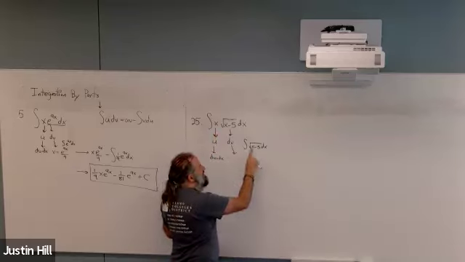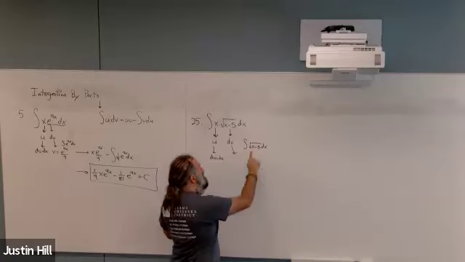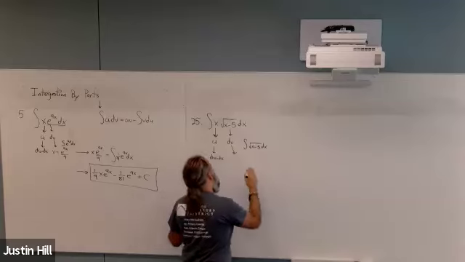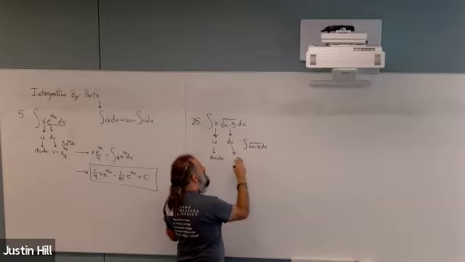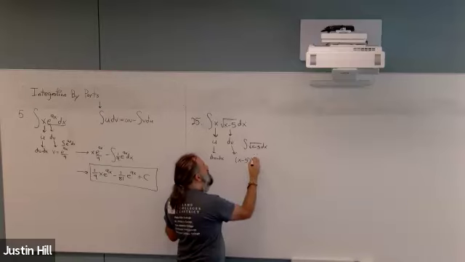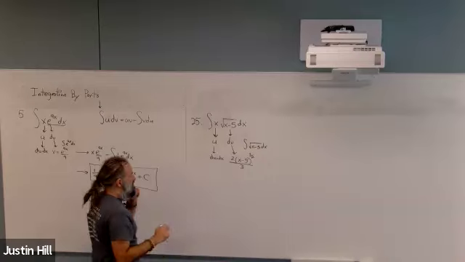Then I'm going to divide by the 3/2, and also divide by the derivative of the x minus 5, which is 1. So luckily that doesn't do much else for me. The integral of this is going to end up being, in power form, x minus 5 to the 3/2 times 2/3. So 2/3 times x minus 5 to the 3/2.